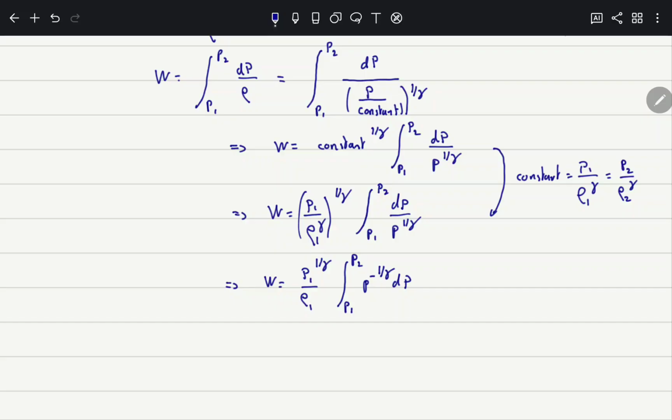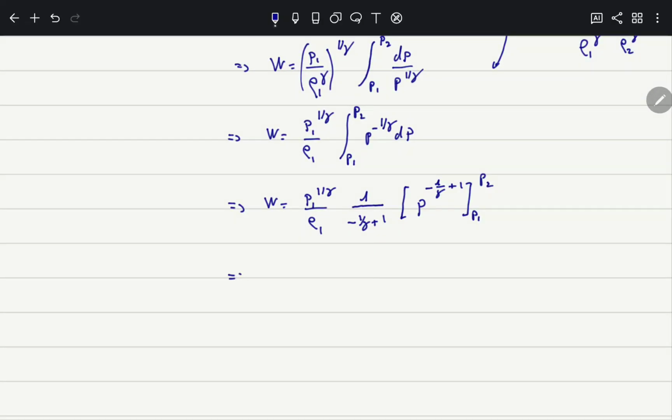And then we can start the integration work, giving us P1 to the power of 1 over gamma, divided by rho 1. There we're going to have 1 divided by minus 1 over gamma plus 1, and our P is going to be to the power of negative 1 over gamma plus 1, evaluated between P1 and P2.